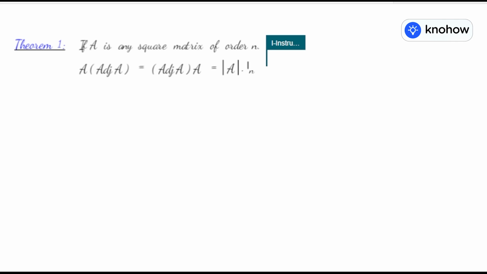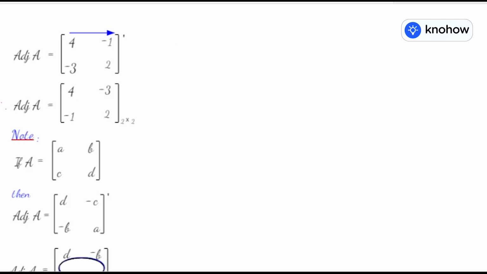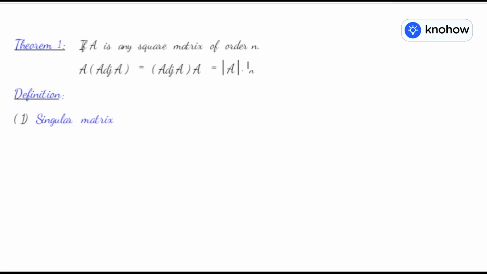Now note down two definitions. Definition 1, what do you mean by singular matrix? Singular matrix. A square matrix A is said to be singular if determinant A is 0.